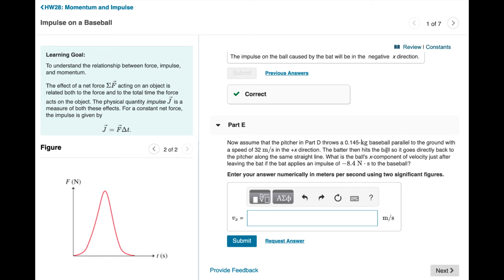Now assume that the pitcher throws a baseball parallel to the ground with this speed in this direction. The batter then hits the ball so it goes back to the pitcher. What is the ball's x component of velocity after leaving the bat if the bat applies an impulse of negative 8.4 newton seconds? Do I have an equation for this? Apparently I did not prefab an equation for this, but it's easy enough.